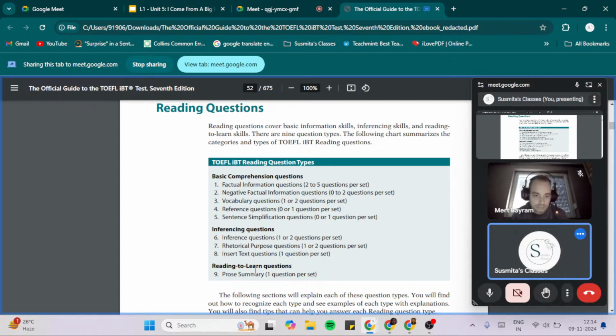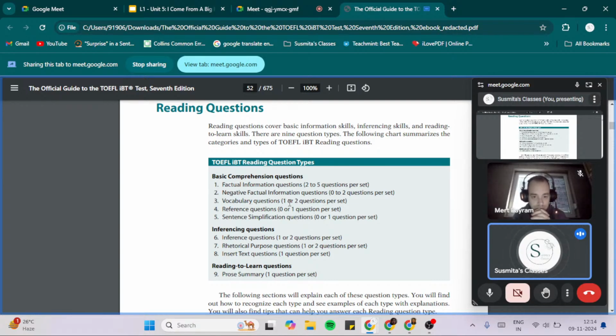Now, they have already given the frequency of the questions over here. Factual information question, you might get 2 to 5 questions in one set, one reading passage. The negative factual information question, you might get 0, like there might be none, and you might have 2 sometimes. Vocabulary question, you will always get it, they will be either 1 or 2.